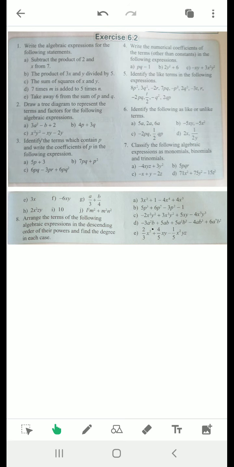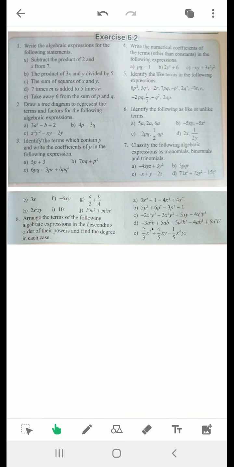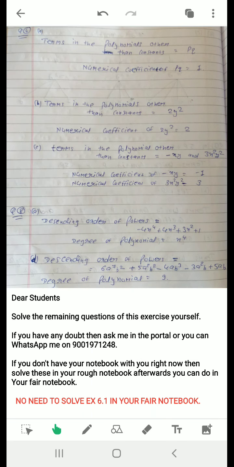Now in question number 8, we have 3x square plus 1 minus 4x4 plus 4x cube. We need to arrange in the descending order. So highest power I will write first. So the descending order will be minus 4x power 4, 4x power 3, 3x square and 1.